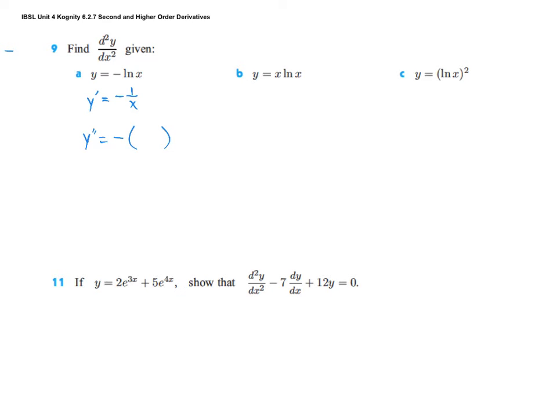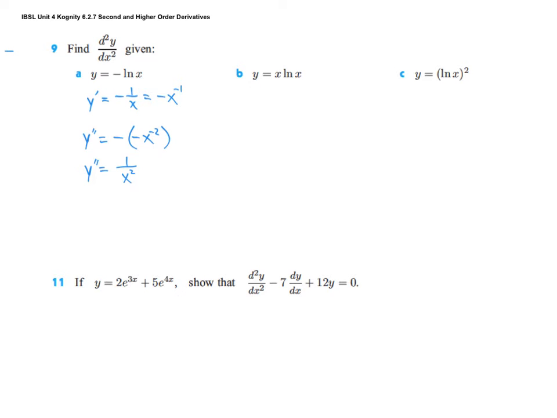So negative x to the negative 2. Remember, this is right here, negative x to the negative 1 power. So when I take the derivative of x to the negative 1, it's negative 1x to the negative 2. So y double prime would be a positive 1 over x squared.